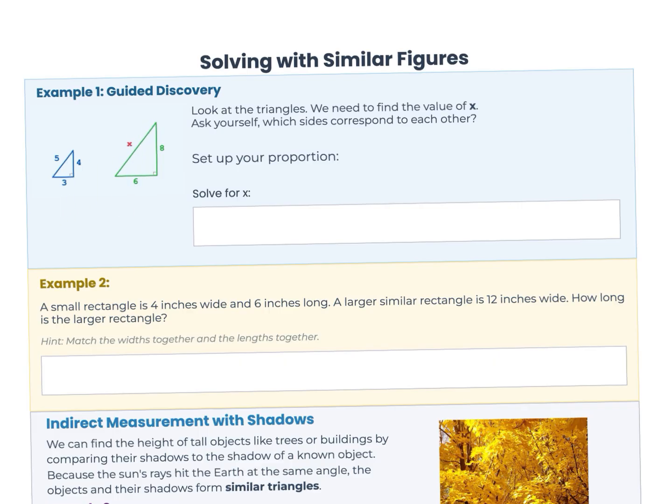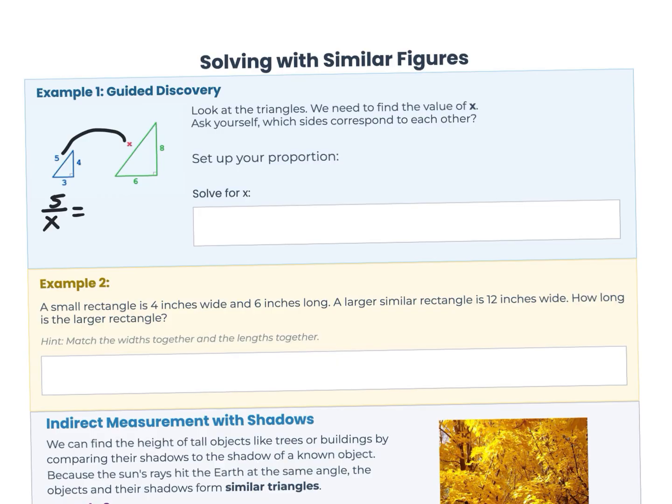So I know that x corresponds with 5. So part of my proportion is I know that 5 is going to be compared to x. Now I have some freedom. I can pick any of my other two sides as long as I pick the corresponding sides. So I could either do 4 and 8 or I can do 3 and 6. It does not matter.